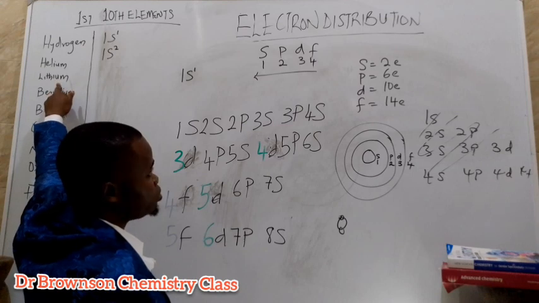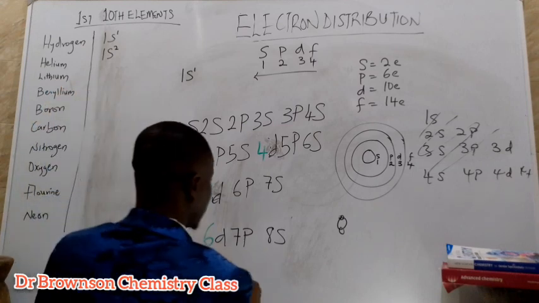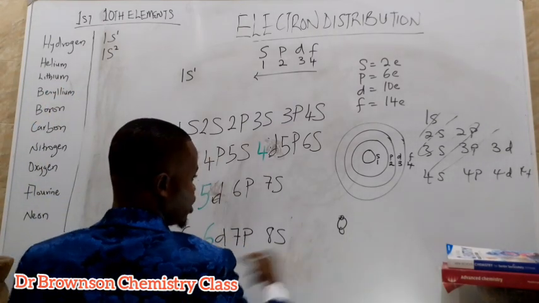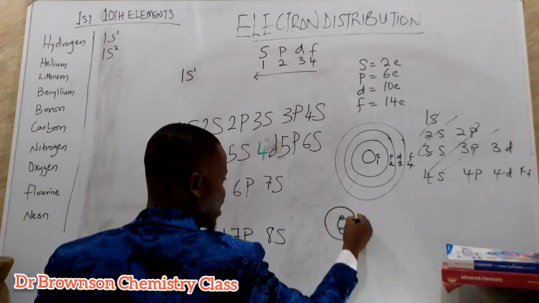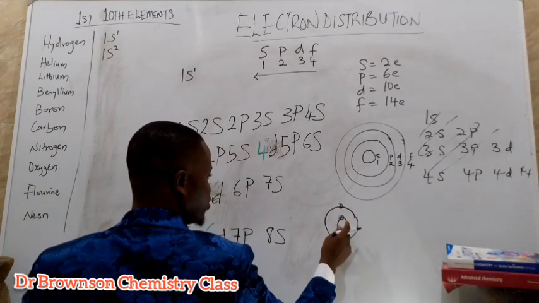The next one is your lithium. So lithium, we have it to be 3 electrons, right? 1, 2, 3.